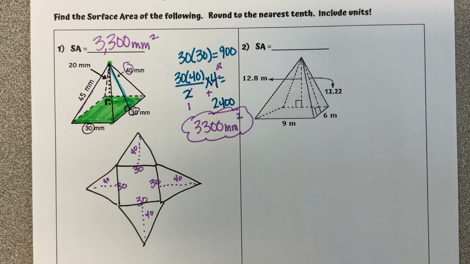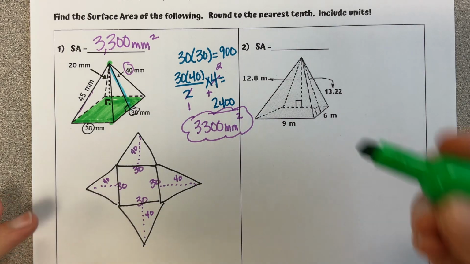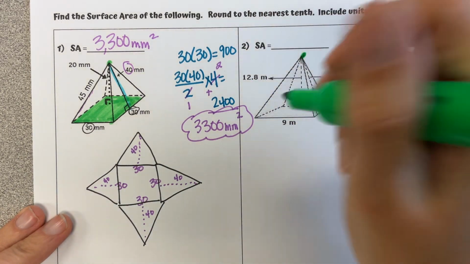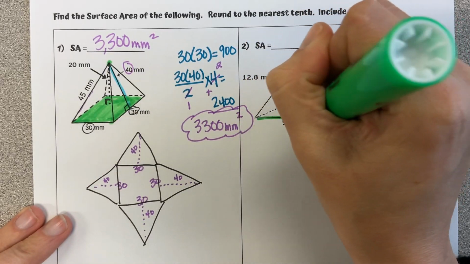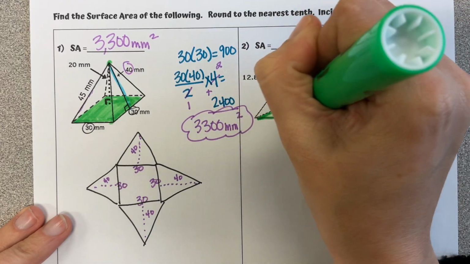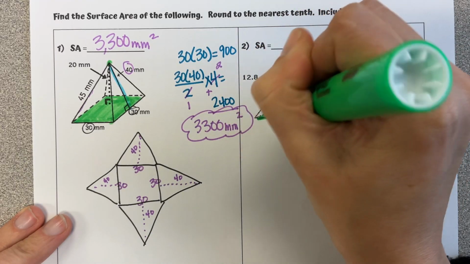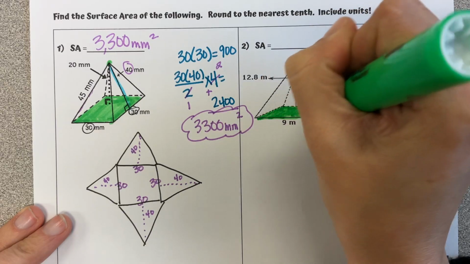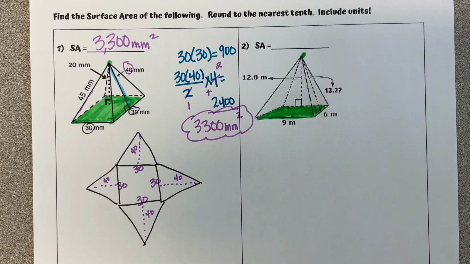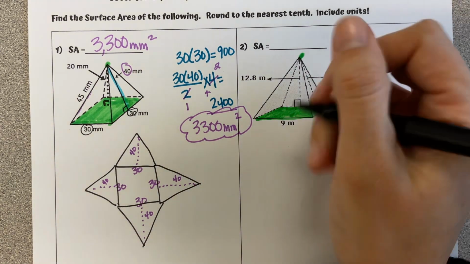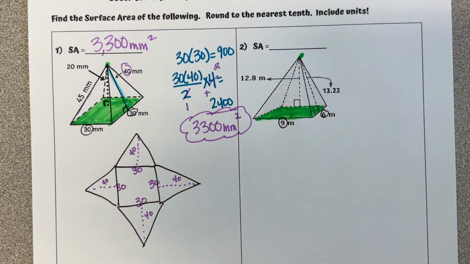Okay, number 2. We see that it's a pyramid because it comes to a point. I'm going to identify that base. Now, with this one, I'm going to draw a net as well. The last one I'm not going to, okay? But if we notice, the dimensions are 9 and 6, so they're not the same.